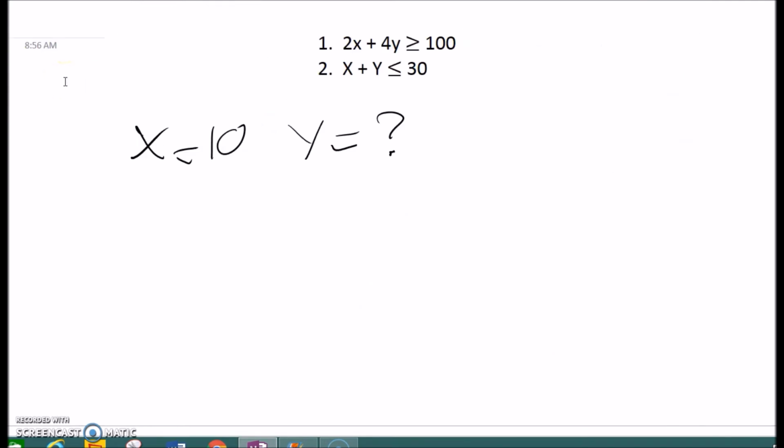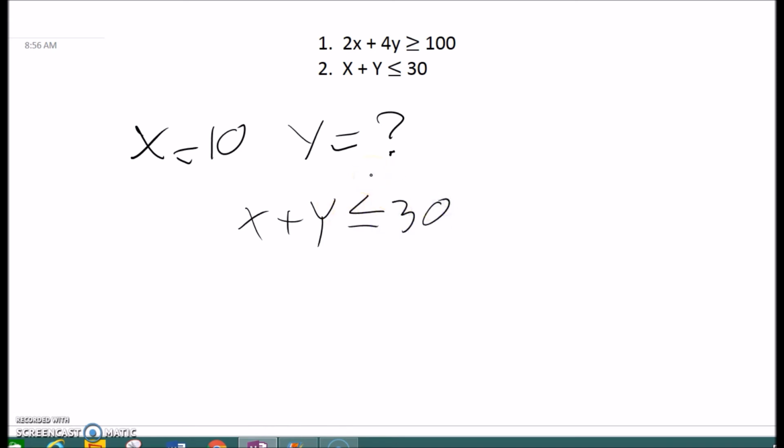Okay, so now we know that x is equal to 10, but the problem is that we don't know the value of y yet. So now we would use either the first or the second equation to solve for y. But in this case, I will choose the second equation to solve for y, which is x plus y less than or equal to 30.